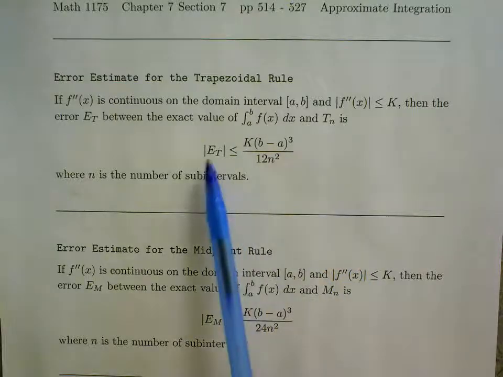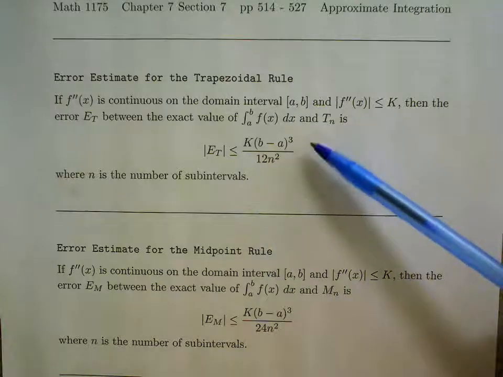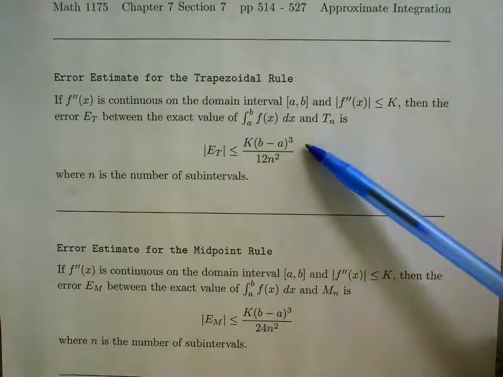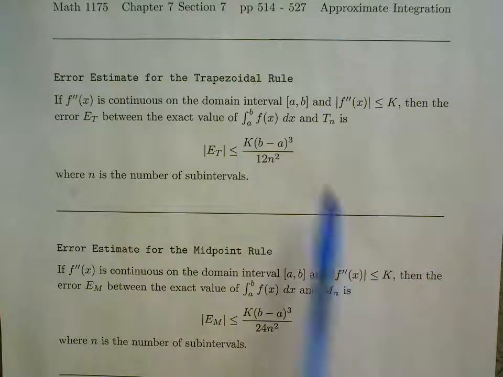The absolute value of the error is less than or equal to k times (b minus a) to the third divided by 12n squared, where n is the number of subintervals.